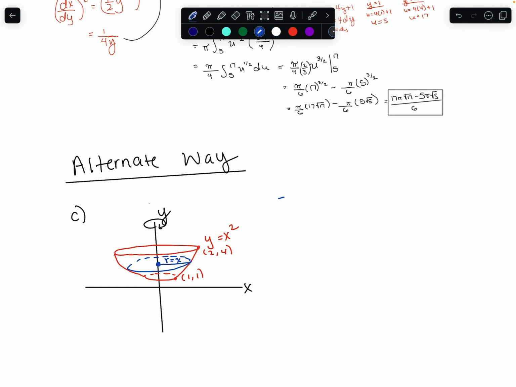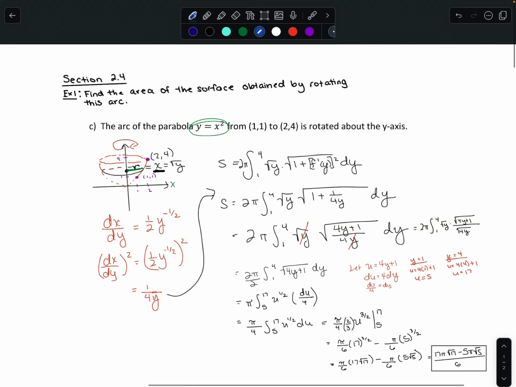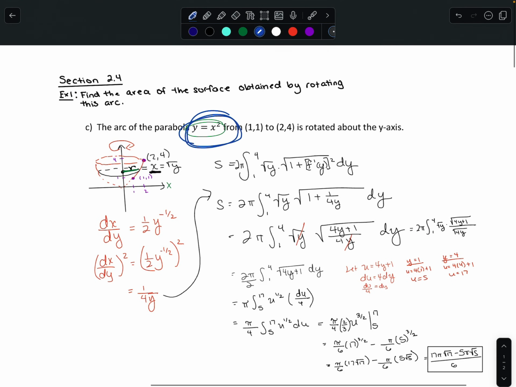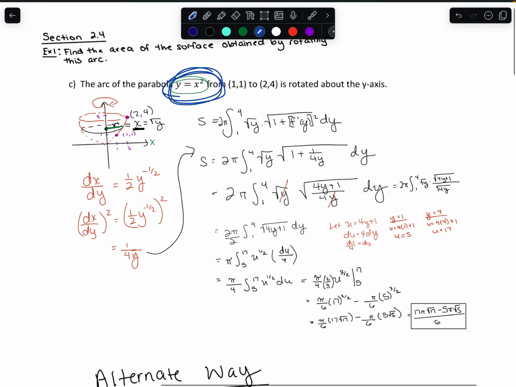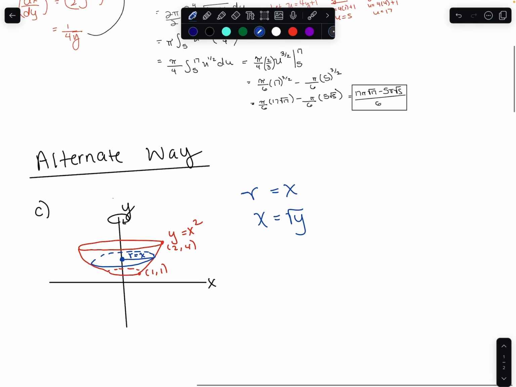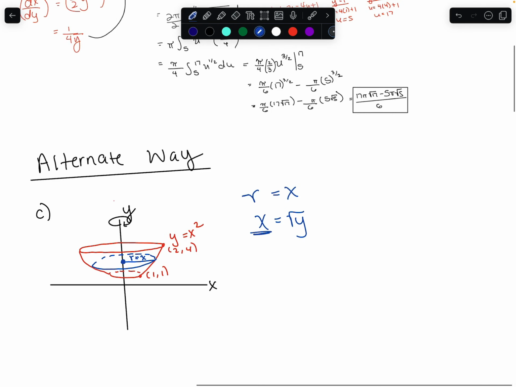But what I wanted to say is that r is equal to x, correct? Now, because x equals square root of y, which, again, we got from solving for x in the equation y equals x squared, we can actually use either one of these because they are equal. It doesn't matter if I use x or square root of y.